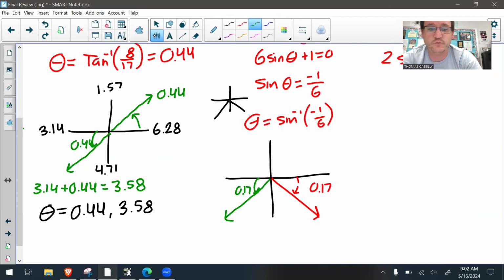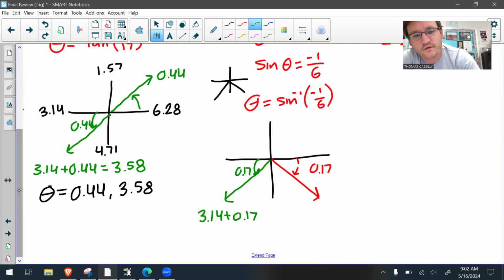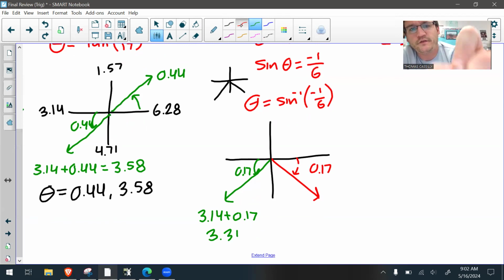The first one, that green one, that is 0.17 radians beyond pi. So I'm going to add 3.14 to that, and that gives us 3.31. And then the second one, that is 0.17 less than 2 pi.